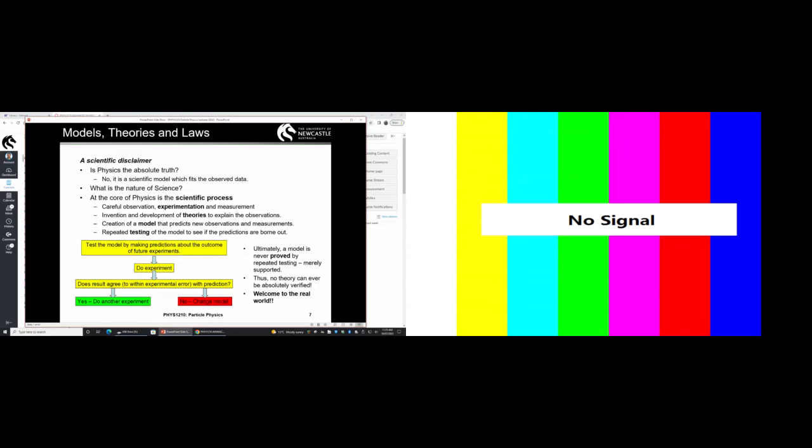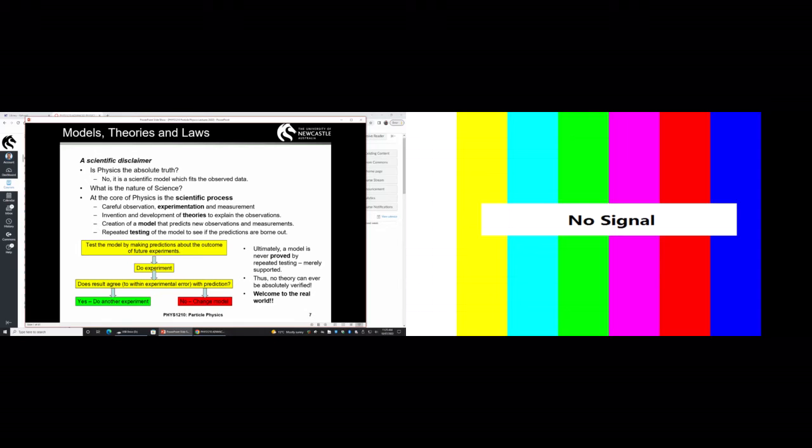That theory leads to some model where we might try and predict: now I'm going to do a slightly different experiment. Can I predict what measurement I'm going to make there? And if our theory predicts that new experiment well, then that gives us some confidence that maybe that's quite a good theory. I should keep testing that, and so on.